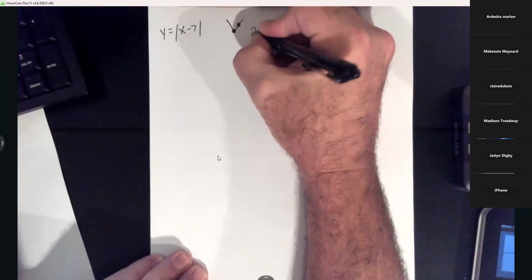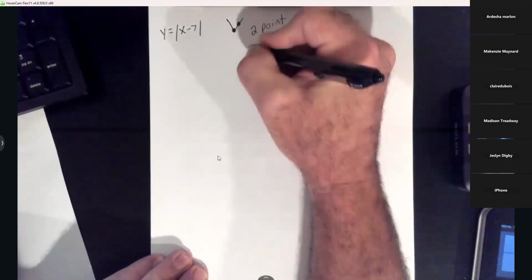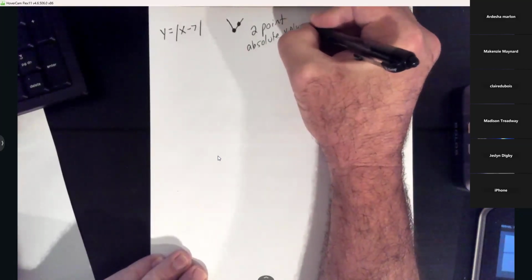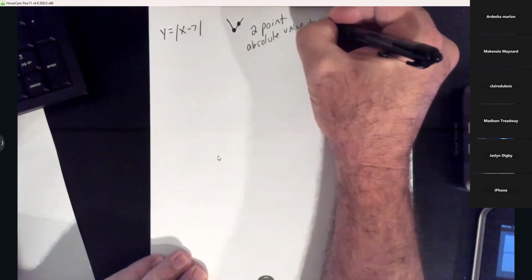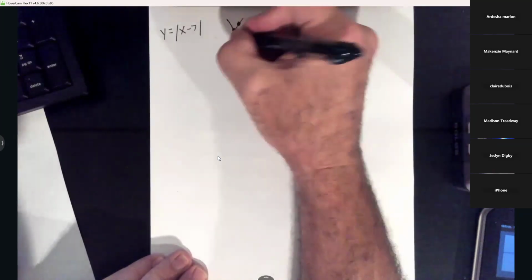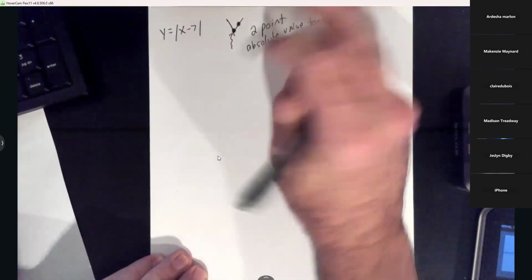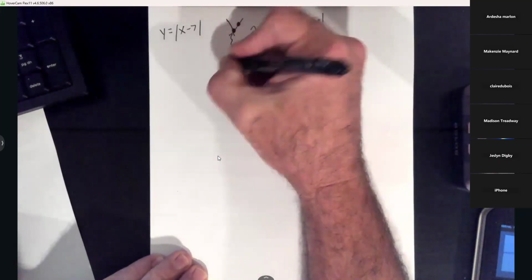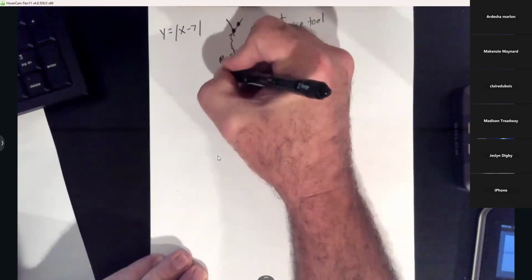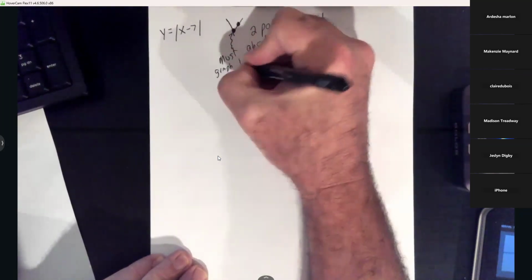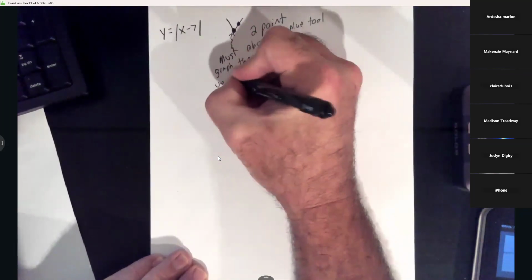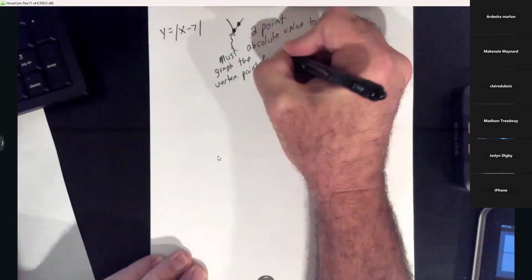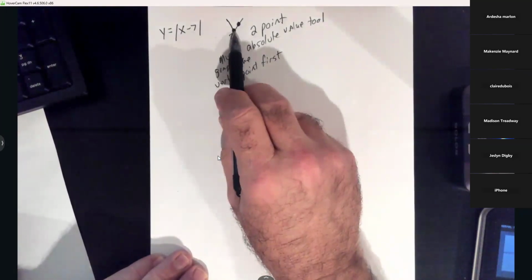So this is a 2-point absolute value tool. But y'all, here's the kicker. We have to graph the vertex point first. Okay?